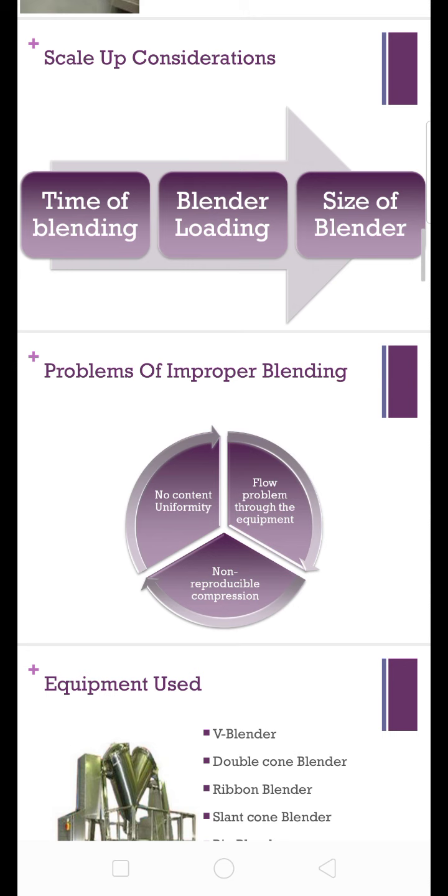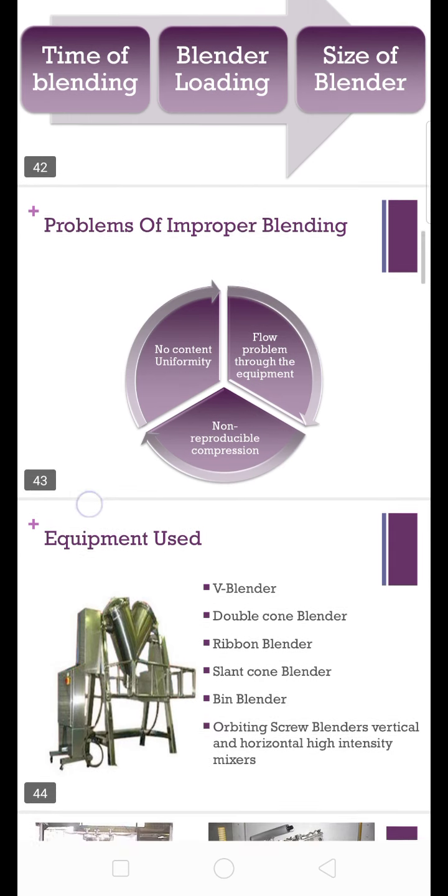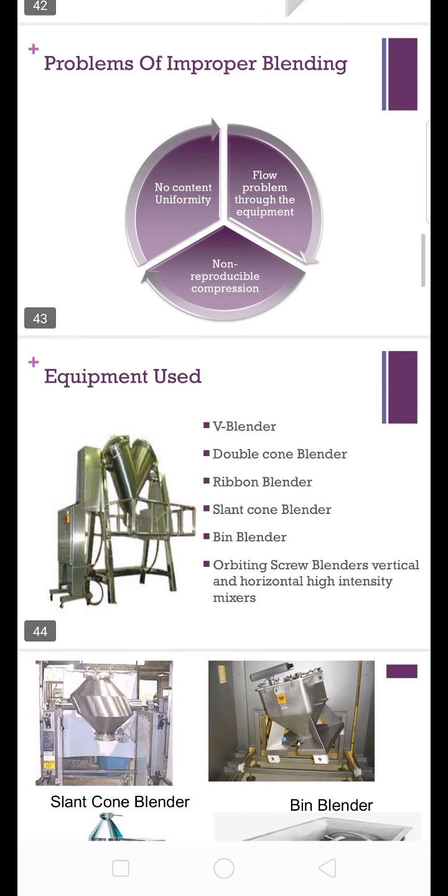And third is non-reproducible compression. Your compression cycle is non-reproducible, you will not get a reproducible result of your tablet preparation. So these are called problems of improper blending. That's why it requires proper scale up of the blending steps.